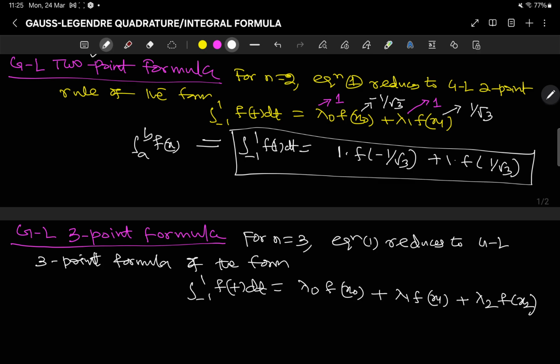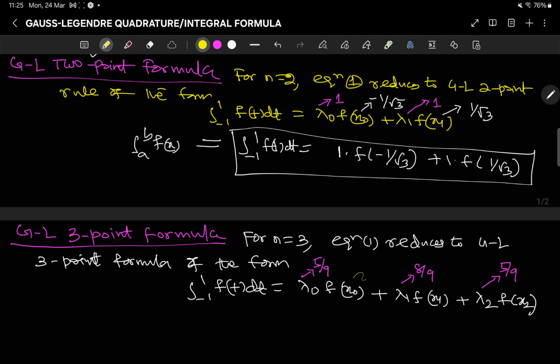We need to find the value of lambda 0, lambda 1, lambda 2 and x0, x1 and x2. The value of lambda 0 will be 5 by 9. Value of lambda 1 will be 8 by 9. Value of lambda 2 will be 5 by 9.